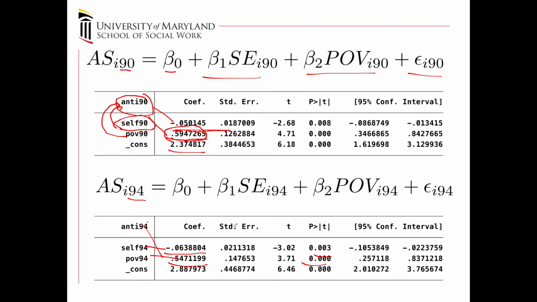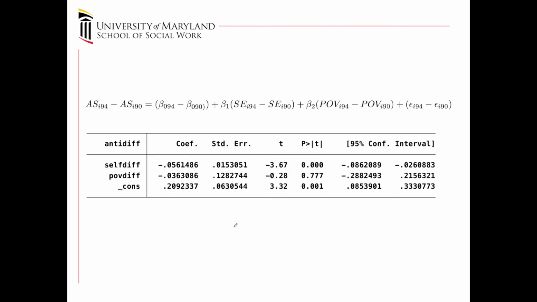But if we want to isolate a cause, we need to find some way of adjusting for those mean differences between people and looking at the relative differences within person. How does a change in a person's self-esteem or a change in a person's poverty affect antisocial behavior? Because that tells us about the causal relationship between self-esteem and poverty with antisocial behavior. So I did that same subtraction that we did before.